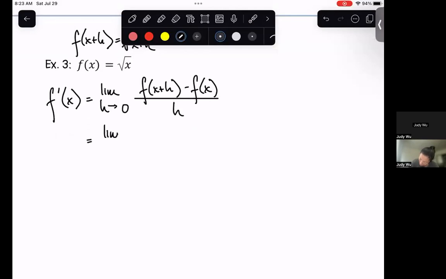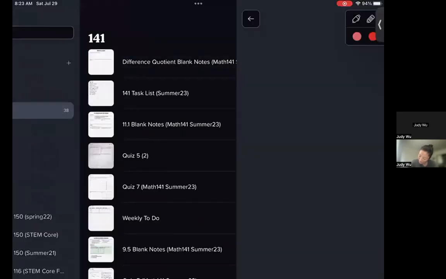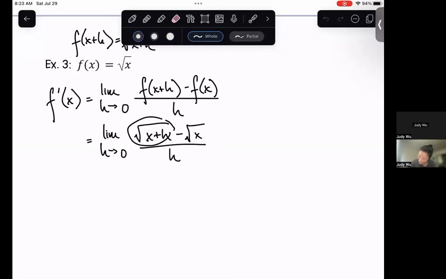All right, the limit as h approaches 0 of the square root of x plus h minus the square root of x over h. Now, if I plug in 0 at this point, this part is going to be fine.